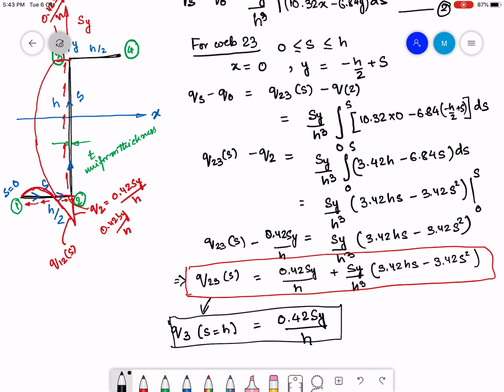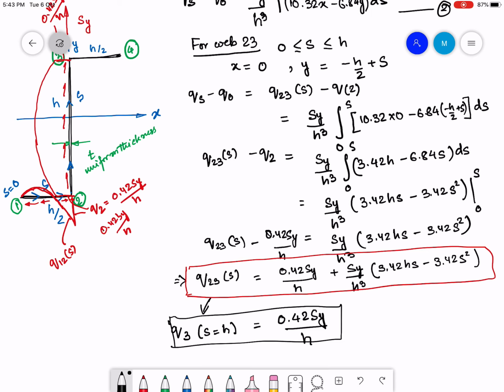Now this is a good check, because the cross section is antisymmetric. There is an antisymmetry in the cross section. The value of the shear flow at 2 should be equal to the value of shear flow at 3. So what you can do is take the expression of Q23, find the value of shear flow at Q3, and that should be equal to Q2 because there is an antisymmetry.